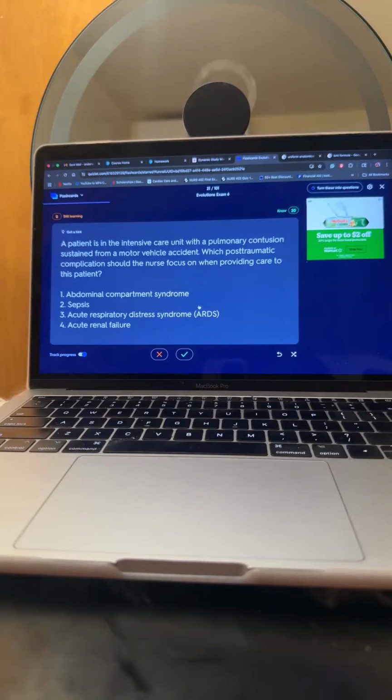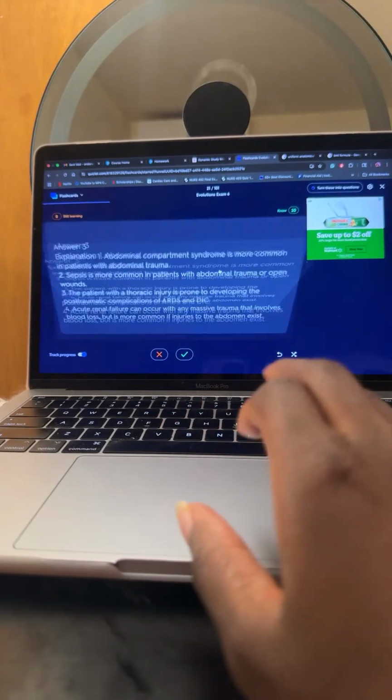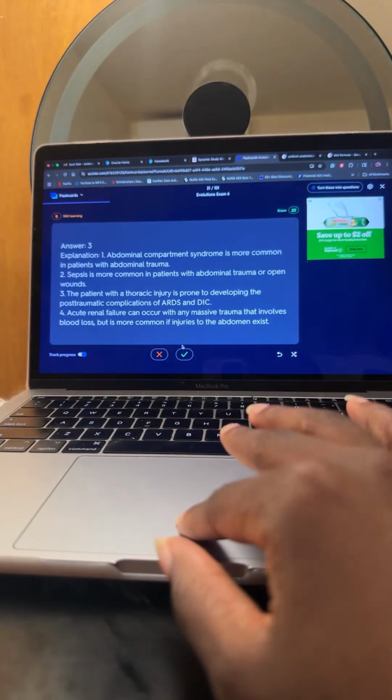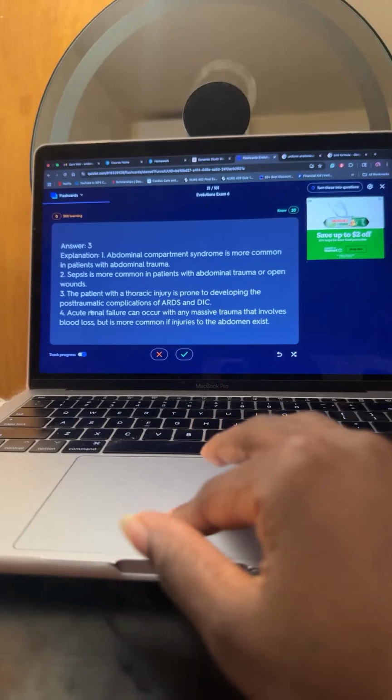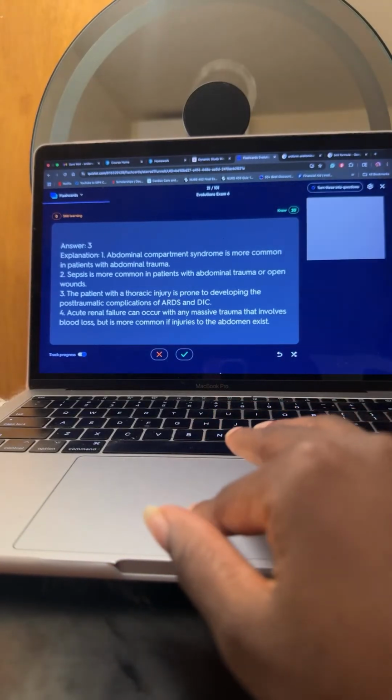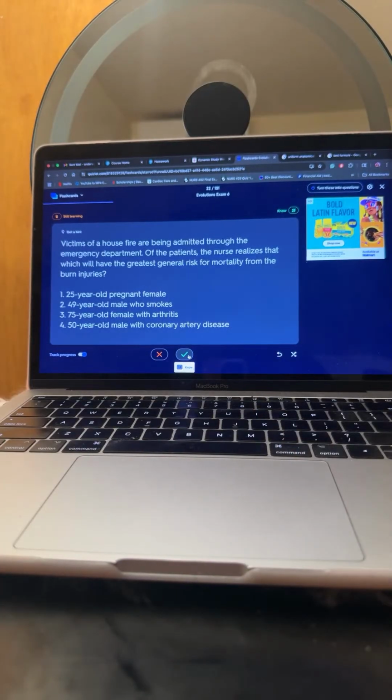Acute respiratory distress syndrome, yeah, because pulmonary has to do with my lungs. That also has to do with my lungs. Or acute renal failure, no. This has nothing to do with my kidneys, so 3 is the answer. Yep, and other thoracic injury is prone to developing post-traumatic complications of ARDS and DIC. Yeah, I need to remember the DIC.